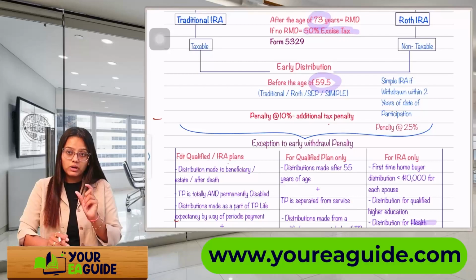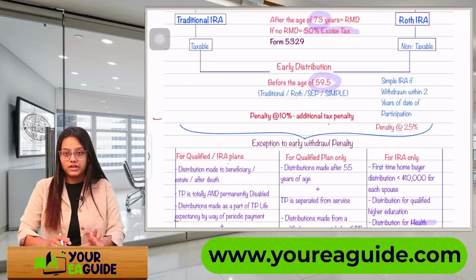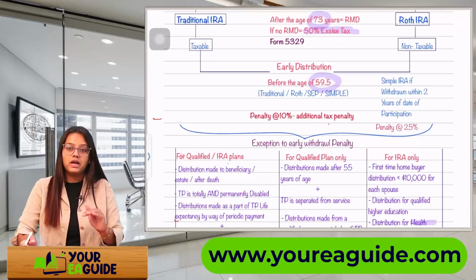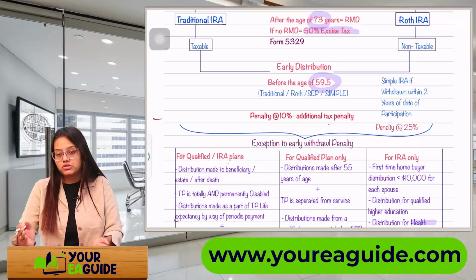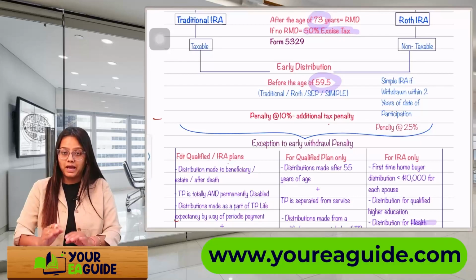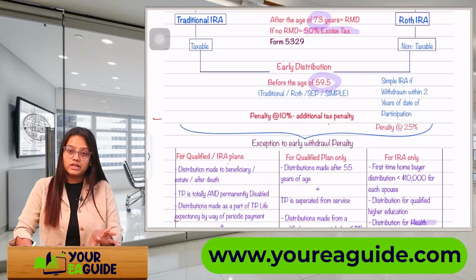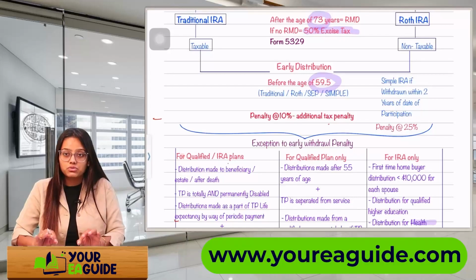Let's say the employee contributes 2%, so the employer will also contribute 2%. If the employee contributes 1%, the employer will also contribute 1%. So that is a match plan. The employer matches the employee's percentage of deposit into the IRA account.